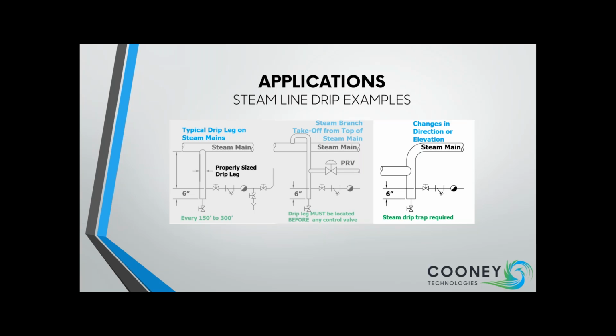You'll see the 6-inch dirt leg, the blowdown valve, and the proper location of the drip leg trap takeoff. In this example, this could eliminate the possibility of water hammer with a change in elevation. Remember, water hammer is one of the prime reasons for the premature failure of a steam system.